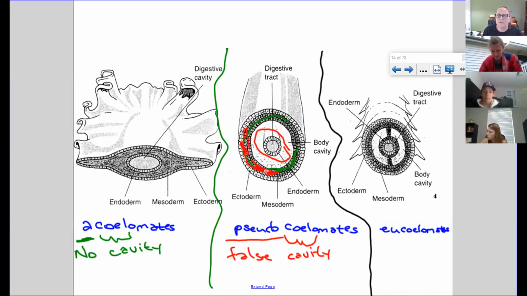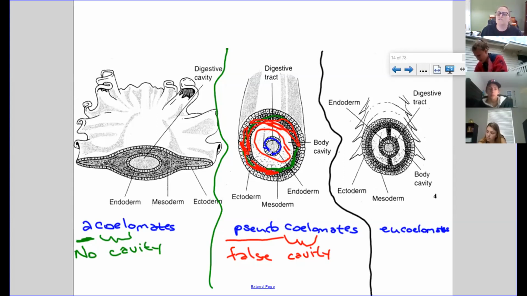That red area is the muscle, and it's surrounding this body cavity only on one side. On the inside, this area here is the endoderm. What does the endoderm make? Right, your digestive tract and such.